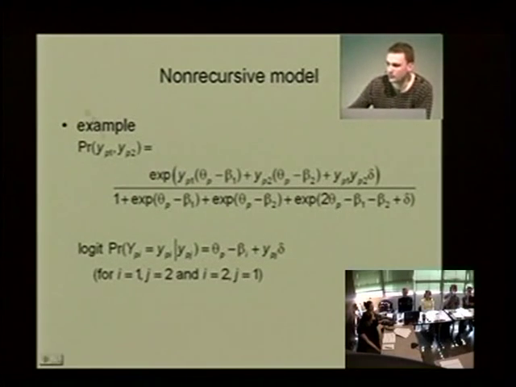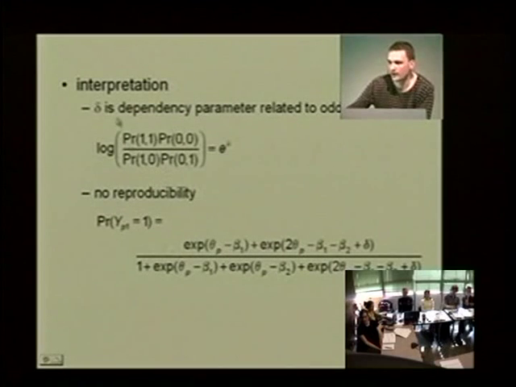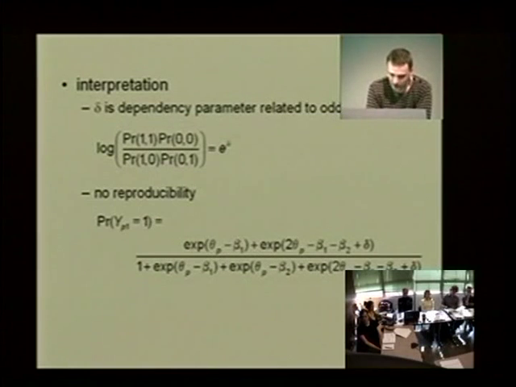So starting with this joint probability formula, the conditional probabilities are all Rasch models. And again, the delta is a dependency parameter, and that is related to the odds ratio. And again, as a disadvantage, there is no reproducibility.